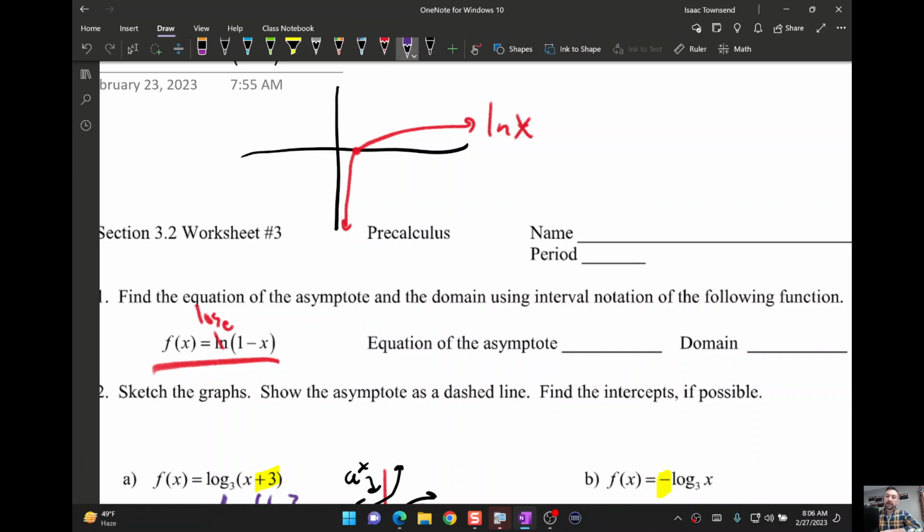If I deal with the negative, I know it's going to flip over the y-axis. So this is what the natural log of negative x looks like. And then this positive 1, adding 1 to x usually goes left 1, but because I flipped it over the y-axis, this is actually going to go right 1. So this point moves right 1.